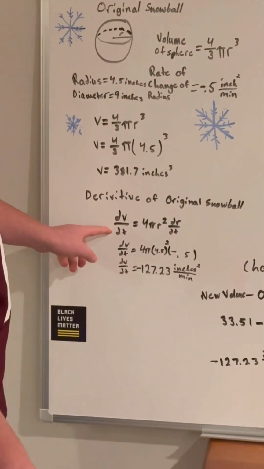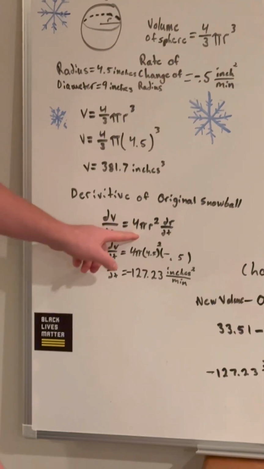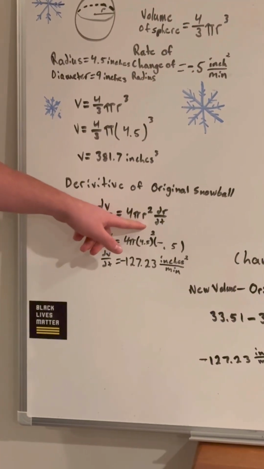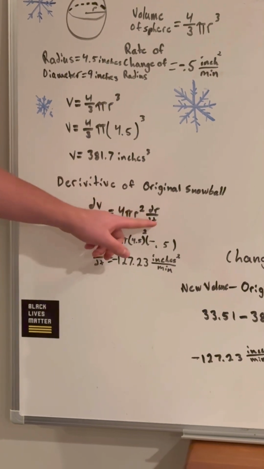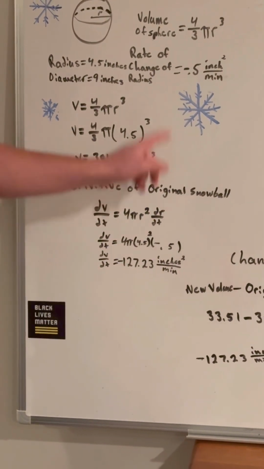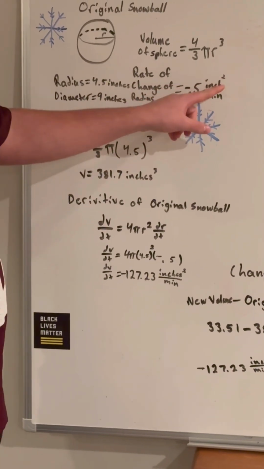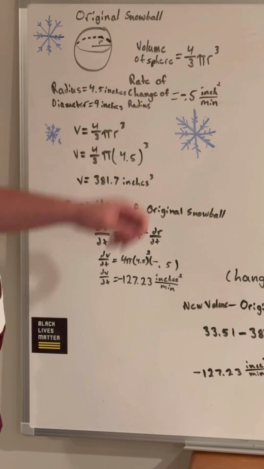Then the boy wanted to know how much the snowball would melt if it got left out. He found the derivative of the original volume of the sphere, which equals 4 pi r squared dr over dt. He knows that the rate of change of the radius is negative 0.5 inches per minute.